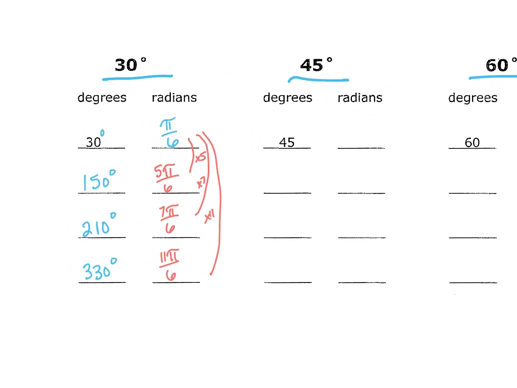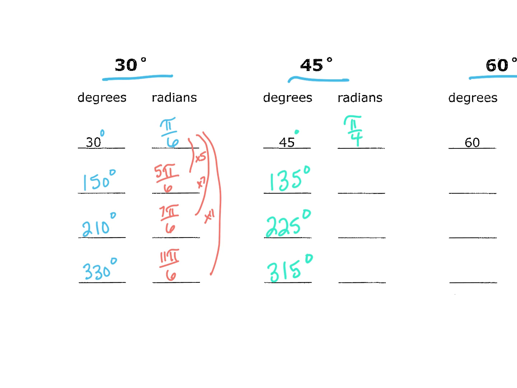All right, let's look at our 45s. For 45-degree angles, these are the ones where you can just add 90. Once you start at your 45 degrees, if you add 90, you get to 135. Add 90 again, and you get to 225. And add 90 again, and you get to 315 degrees. So 45 degrees is equivalent to pi over 4 radians.